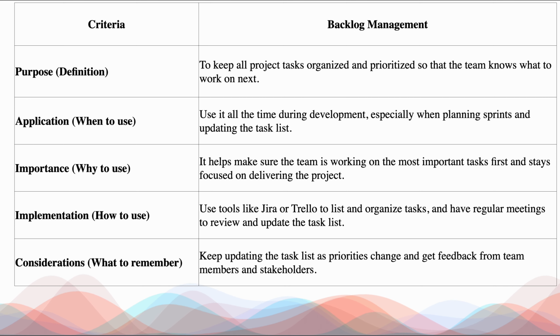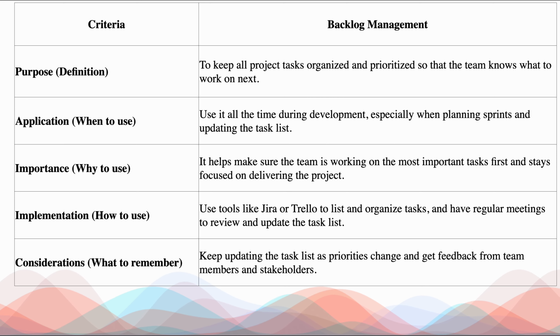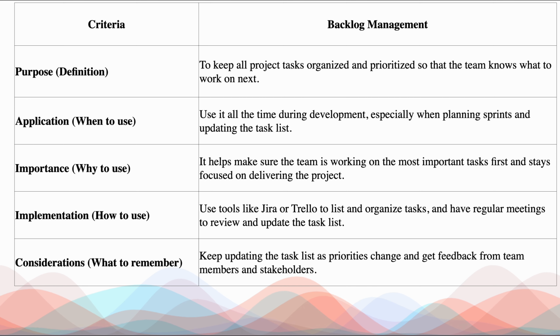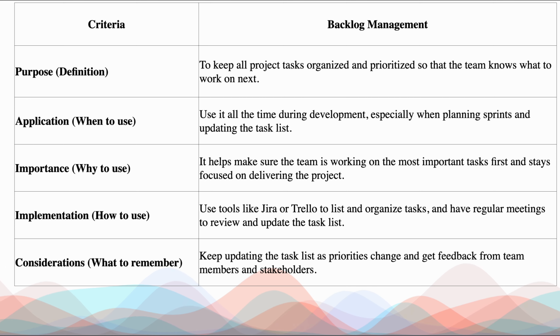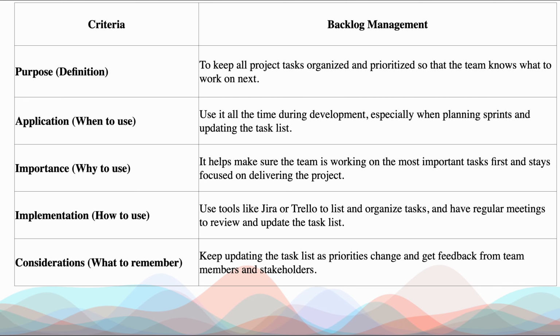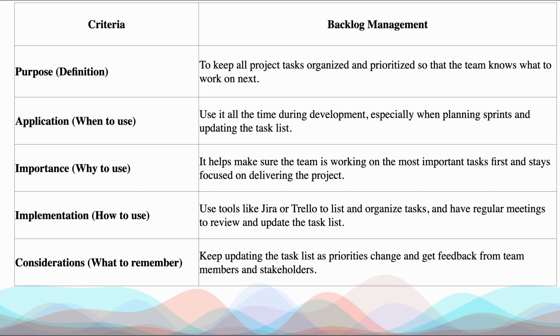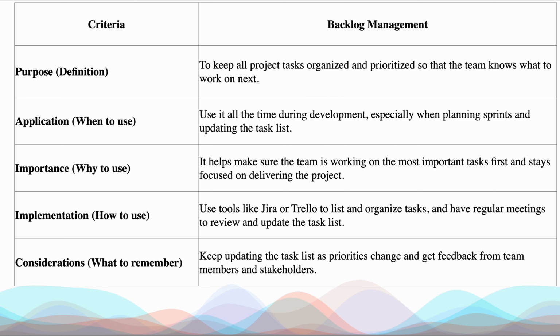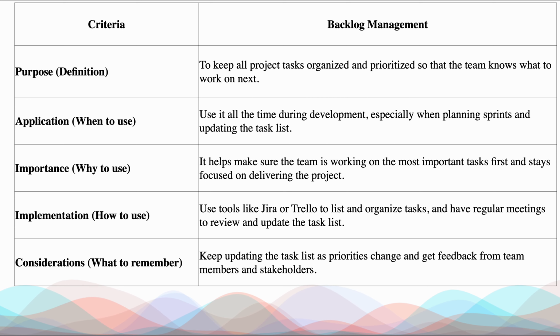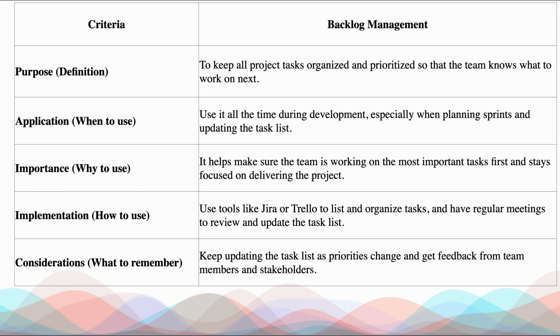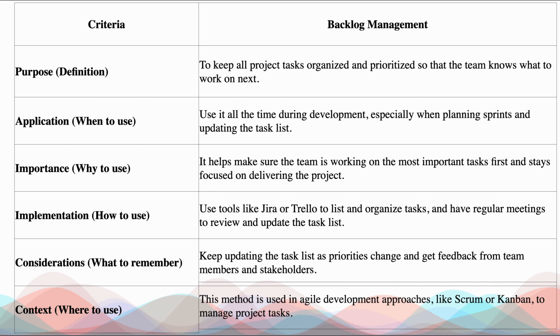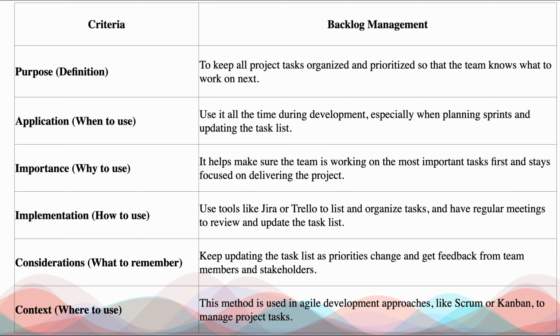Sometimes the feedback and the changes you get might affect the prioritization, because task dependencies will be greater on the previous task or the next task. So based on the priorities such as dependencies, cost, benefit, timeline, legal, regulatory, you need to prioritize the items that you need to do next or do now. Where to use, as I mentioned already, Scrum or Kanban to manage project tasks.